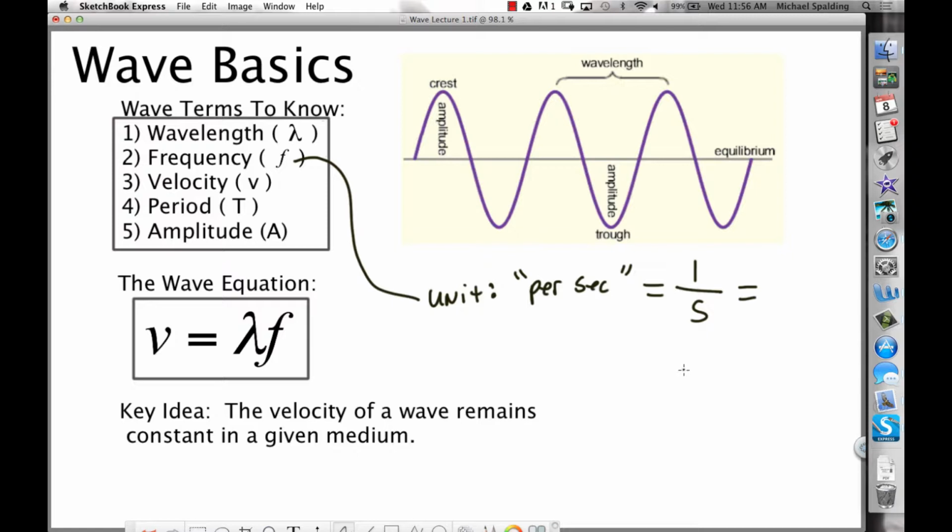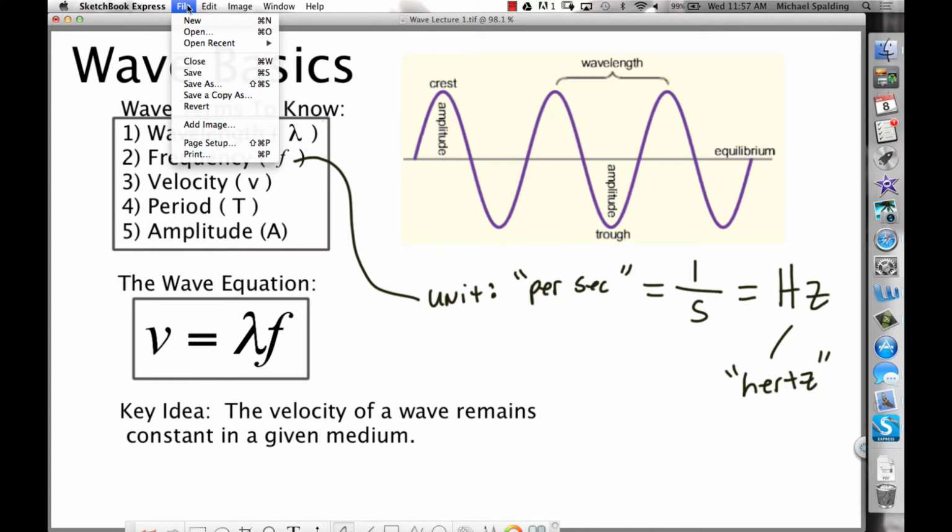Anybody know what we call 1 over a second? The hertz, Hz. So if you're talking about the frequency of a wave, it's how many waves per second. Generally, it's going to be a very high number, especially if you're talking about light, you're going to be talking a very, very high frequency, many, many, many waves per second.